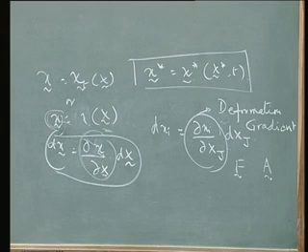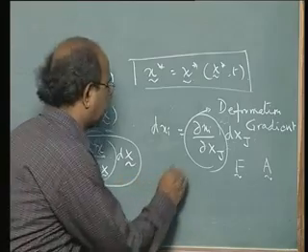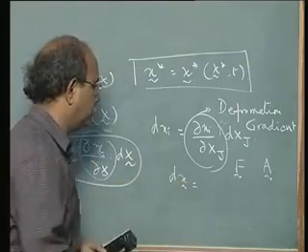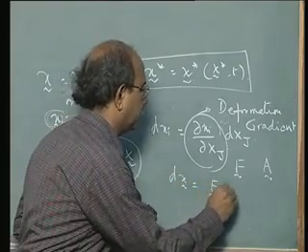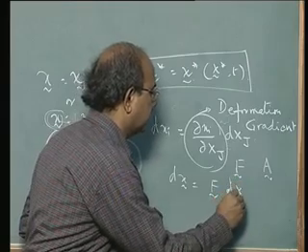The rest of the books use F. So in tensorial notation, this can be written as F dX.